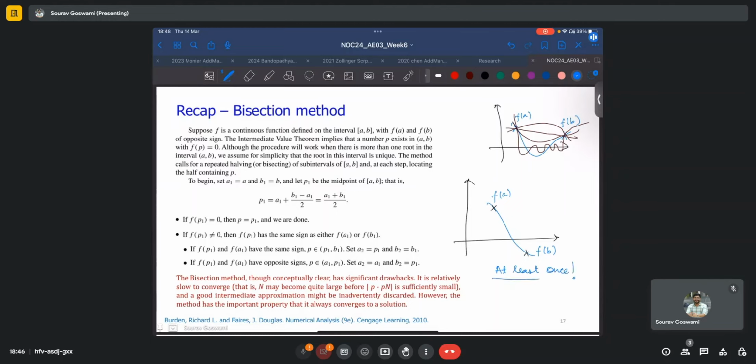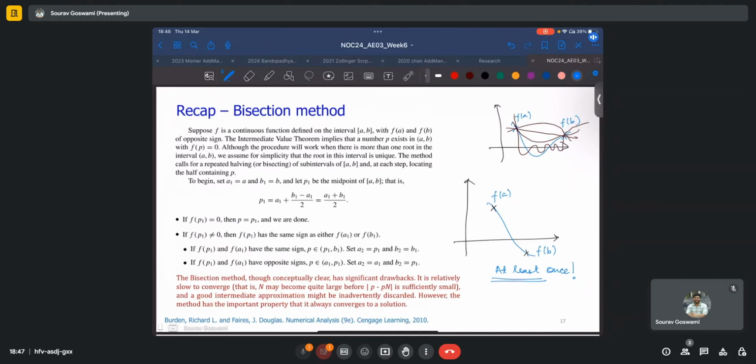It could have been more times, but what we can be sure of is that at least once the plot of the function did cross the axis because it's a continuous function. Its values are varying continuously. So it cannot simply arbitrarily jump from a positive to a negative value or vice versa. It has to pass through zero. And this is the basic idea behind the method.